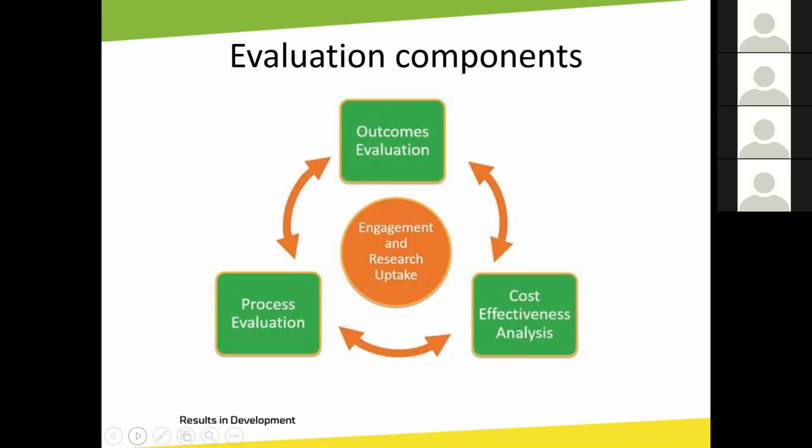And then finally, a cost effectiveness analysis that's looking at the cost of different elements of A360 and then looking at what the relationship is between cost and the outcome variables for A360, with the aspiration of comparing the cost effectiveness of A360 in comparison to other hopefully similar program intervention activities and programs.